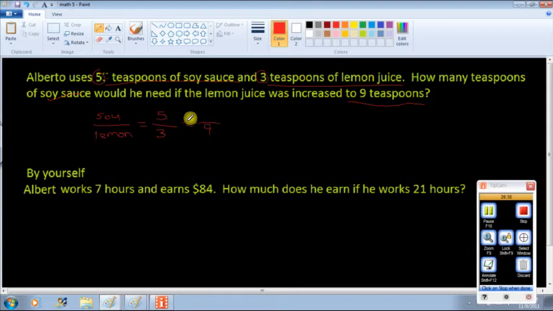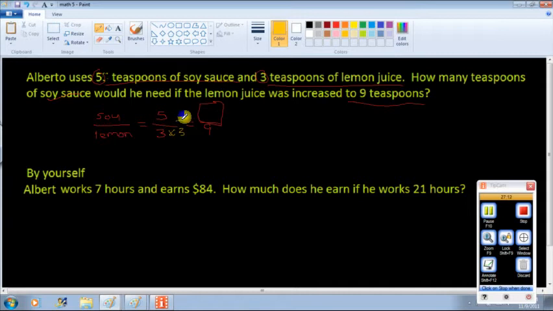So I can use something called the property of 1 to find out what this number is going to be. So that's what the question is asking. It says if the lemon juice is increased to 9, what's the soy sauce increased to? So again, I can use the property of 1, and what I do is I ask myself, well, I know 3 times something is equal to 9. So I know that 3 times 3 is 9.